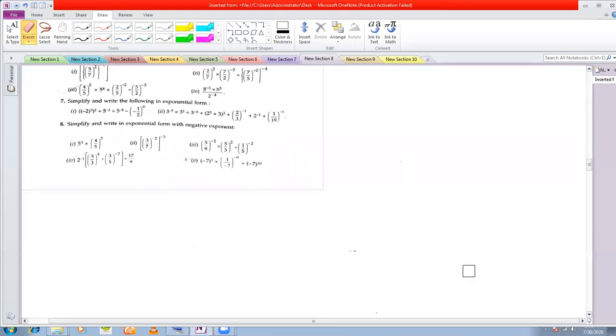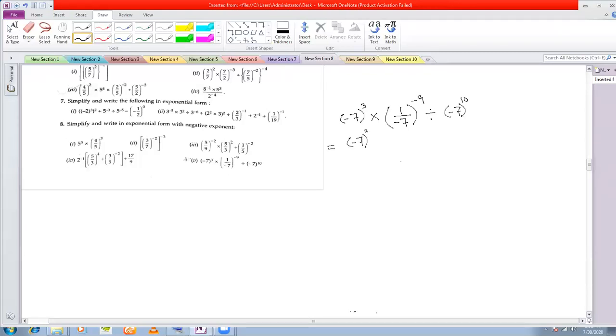So the question here is: minus 7 whole cube into 1 by minus 7 to the power of minus 9 divided by minus 7 to the power of 10. By BODMAS, first I will carry out the division.